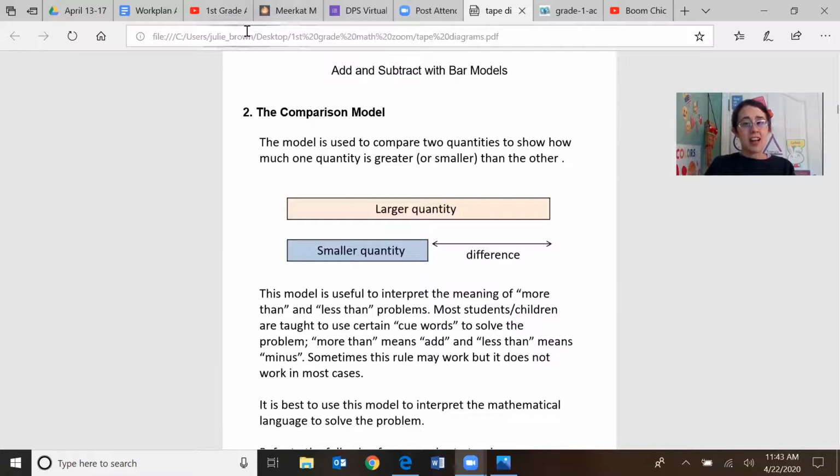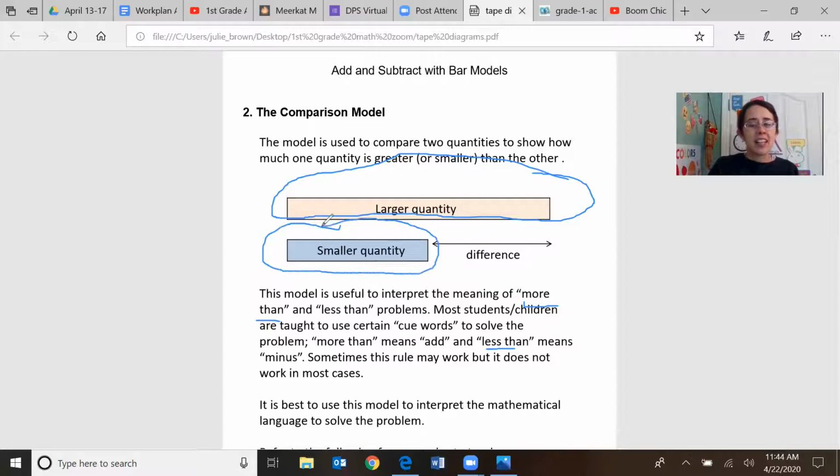Now here are word problems that are usually very tricky when they have more than or less than. These are some of the key words that I want you to pay attention to, such as how many more or how many less. For example, look at the larger quantity and pretend the word problem says, Miss Brown has 10,000 cookies.